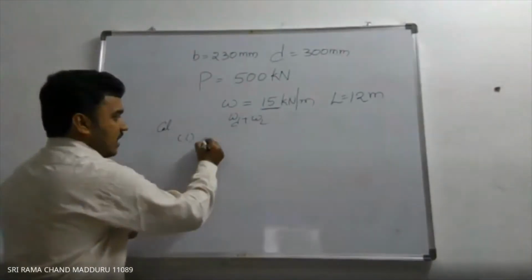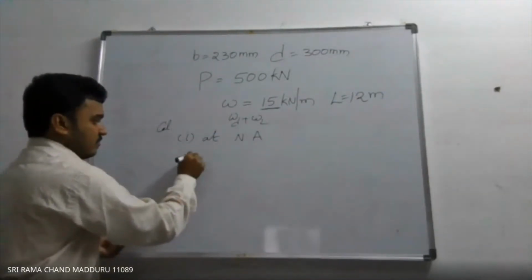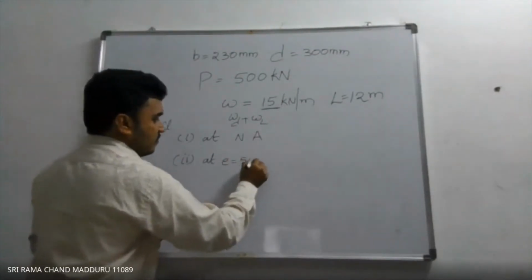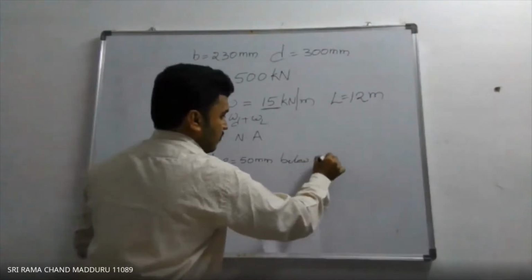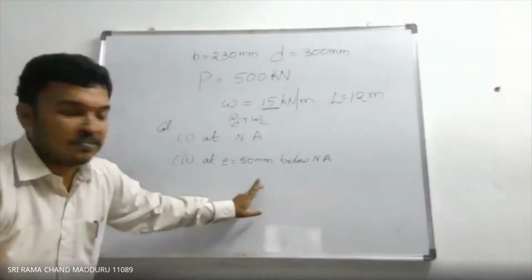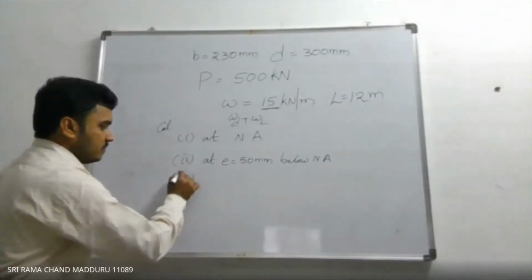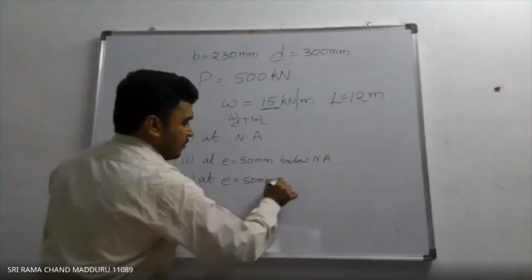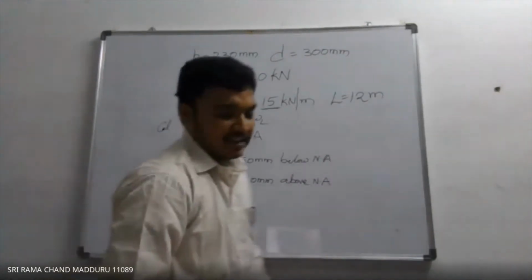First one at neutral axis, second condition at e equal to 50 mm below neutral axis, and at e equal to 50 mm above neutral axis.